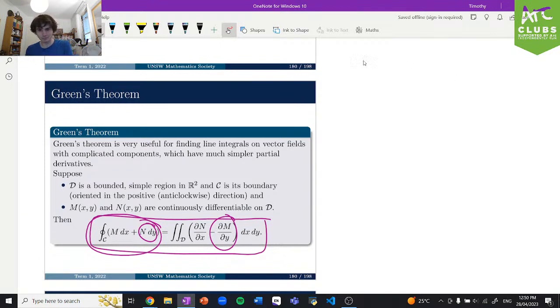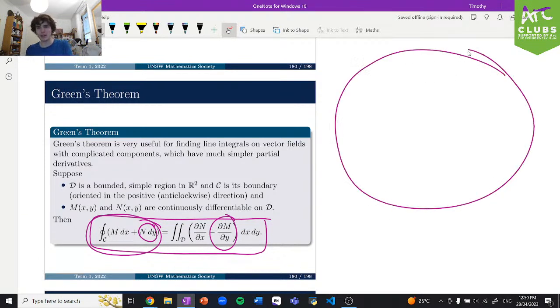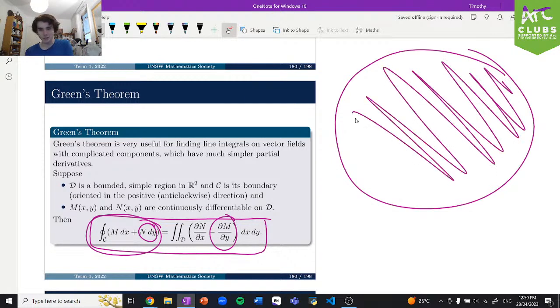So essentially, if you have some surface that looks like that, which is over some nasty looking vector field, instead of actually evaluating that, you take the double integral over the area of the partial derivatives.